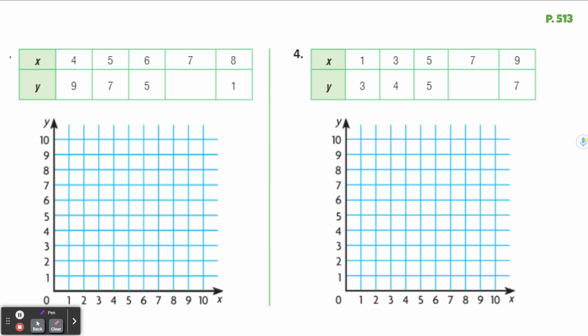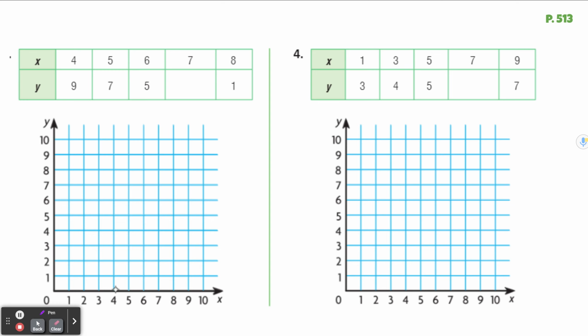So these ones are a little bit opposite. The first ones on page 513 that we just did, we had to graph them. This time we want to graph and find the missing value. So take a second and let's do number 3. Let's find what this missing value is in this box for Y. All right, so the first thing we need to do is do 4, 9.